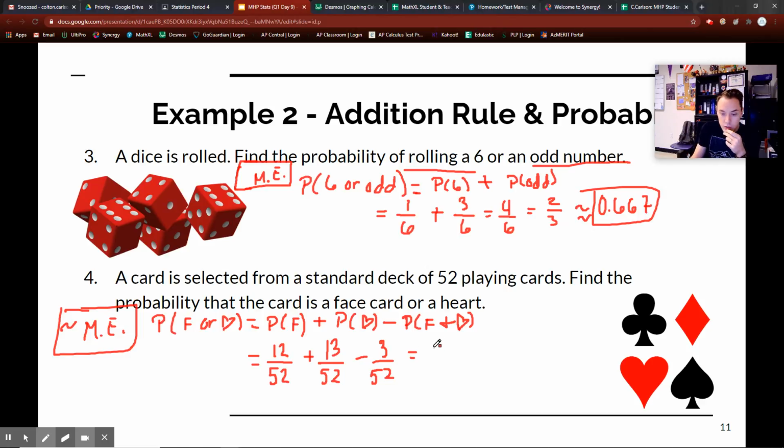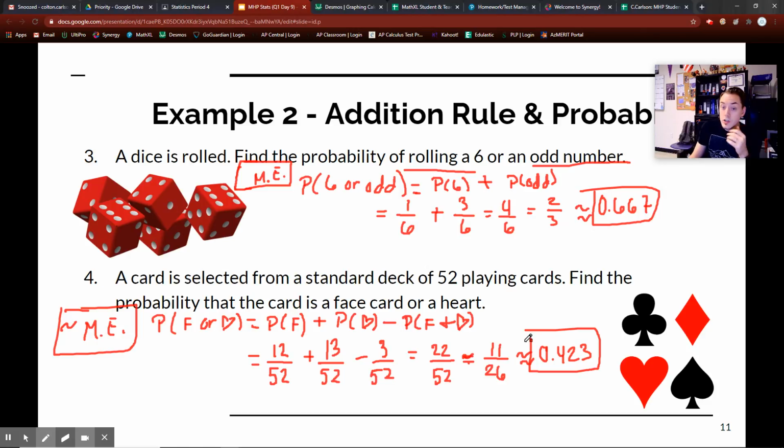So 12 plus 13 is 25, minus 3 is 22. This reduces down to 11 over 26, which reduces down to 0.423.